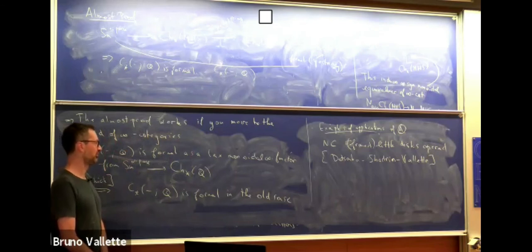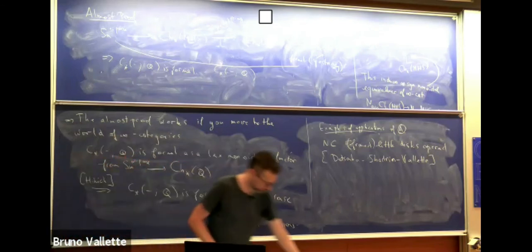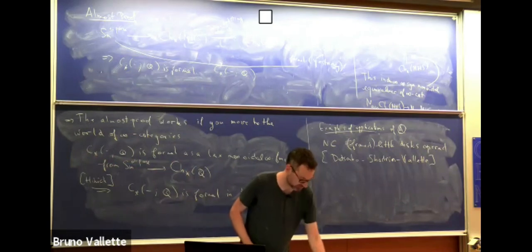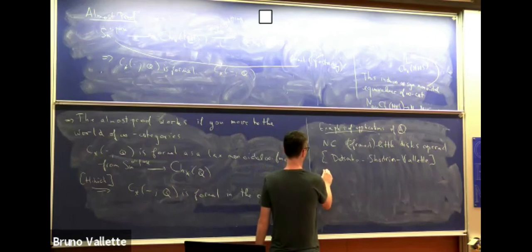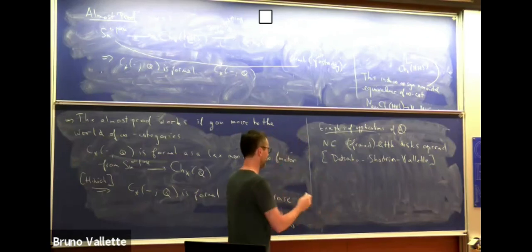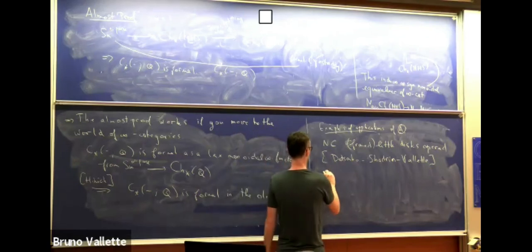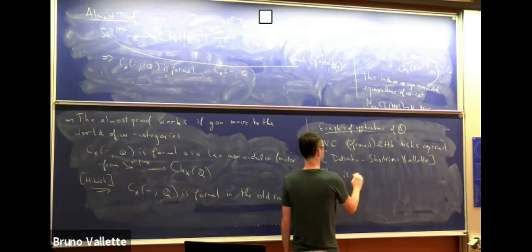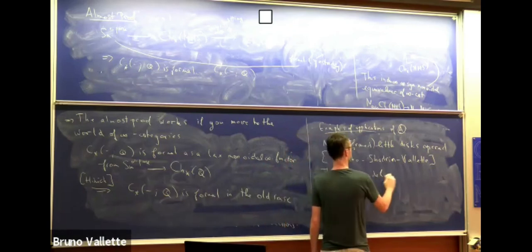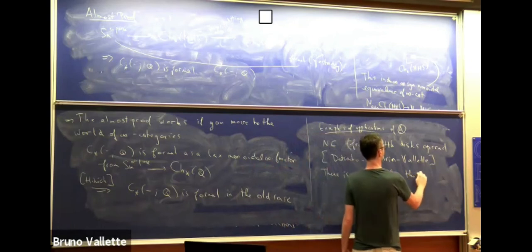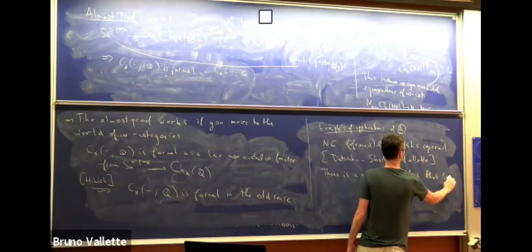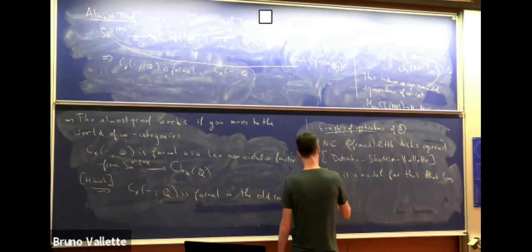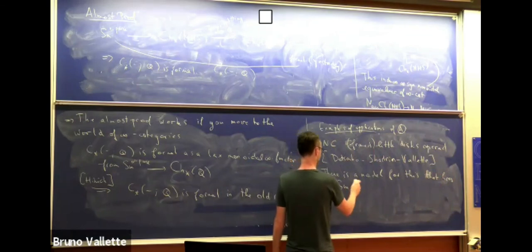I don't think I want to give too much detail about this, but the point is, you can show this is an operad. There is a model for this that lives in smooth schemes that are 2 pure.